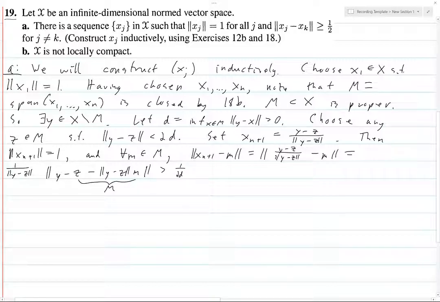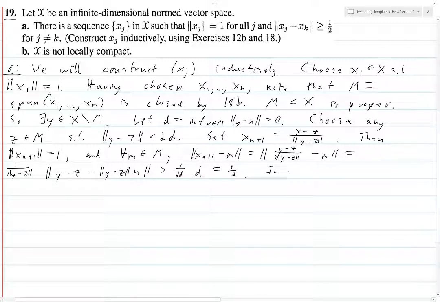And then this thing is just of the form y minus m, and we know that the infimum of all such things is d, so this is greater than d. So this is 1 over 2d times d, which is just 1/2.